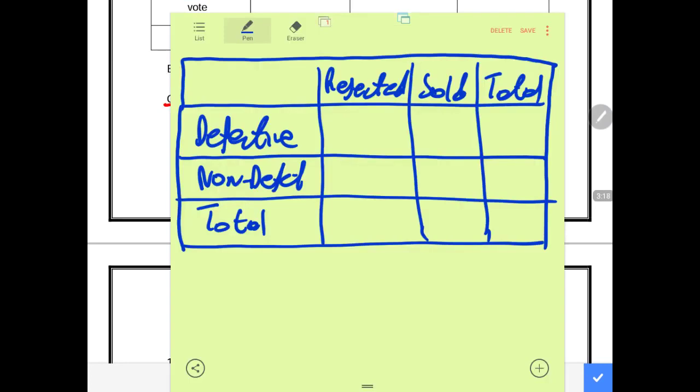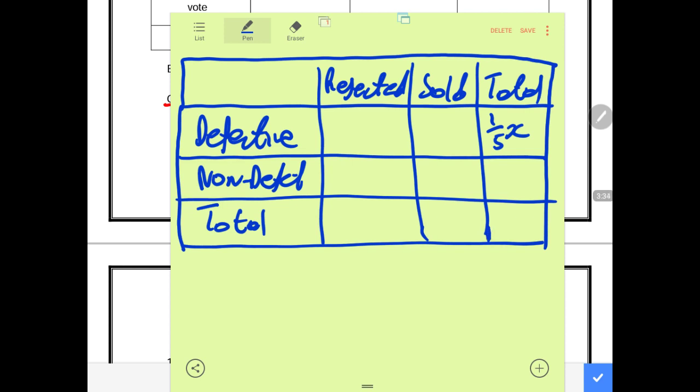So let us write it under total, in the defective row: 1/5x of these are defective.